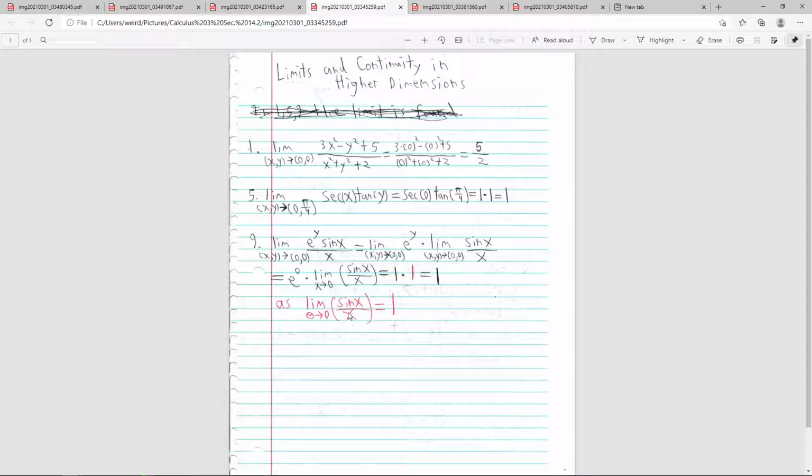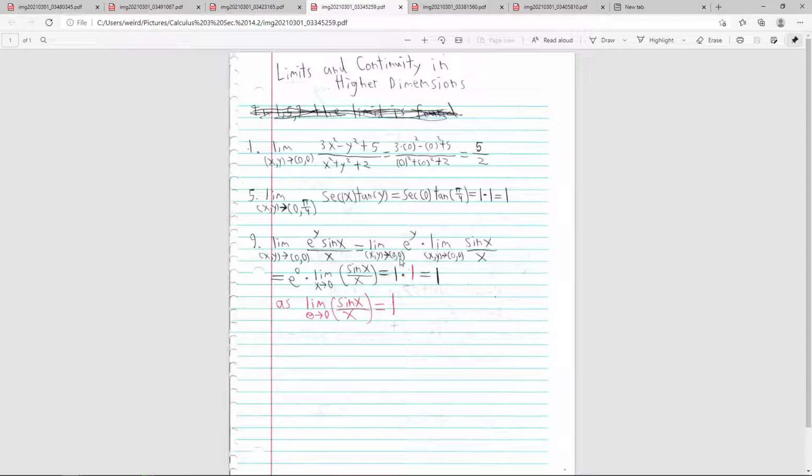Basically, the limit of sine x over x as x approaches 0, or theta approaches 0, whichever variable, as long as it's the same variable, is equal to 1. And this is multiplication, so we can split it up into two limits.